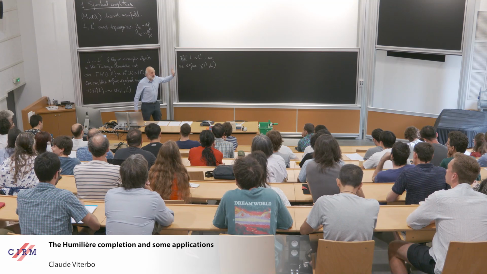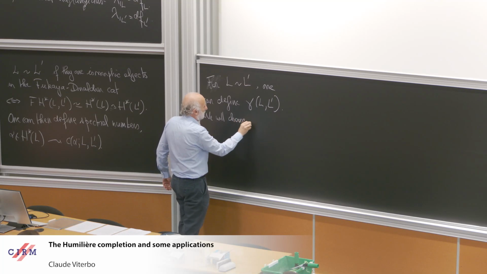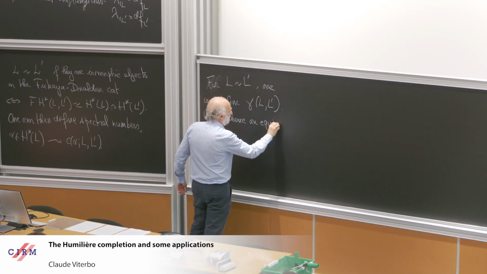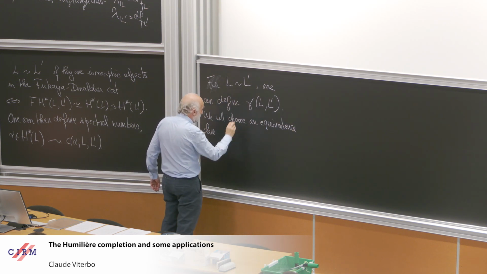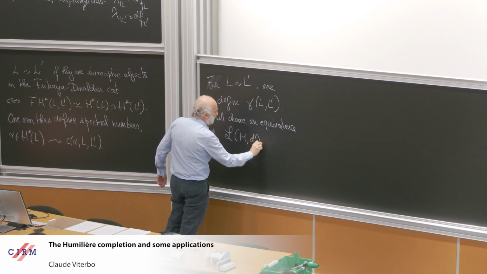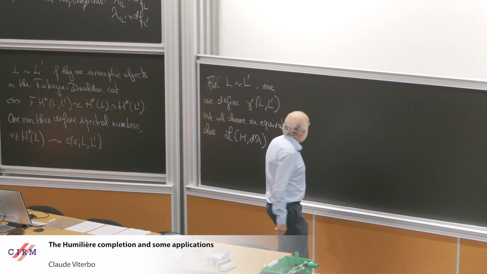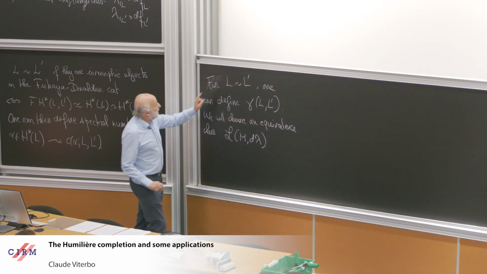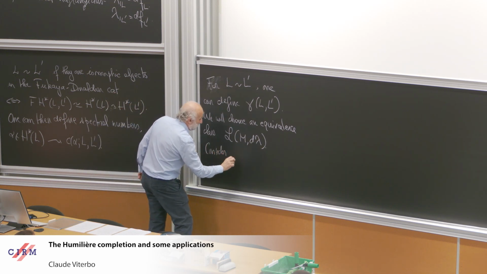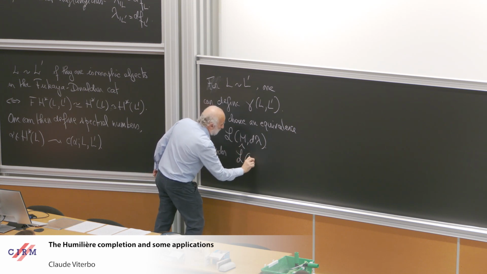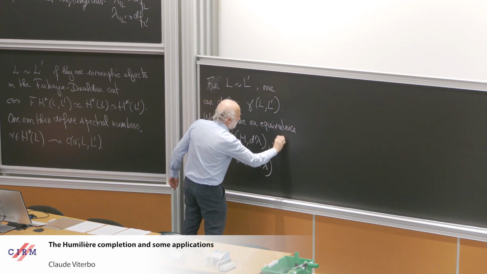Now let's choose an equivalence class. And let's denote it by L of M, d lambda. Okay. So I have a distance on this space. Okay. And what I can do is take, so this is a metric space with the distance gamma.